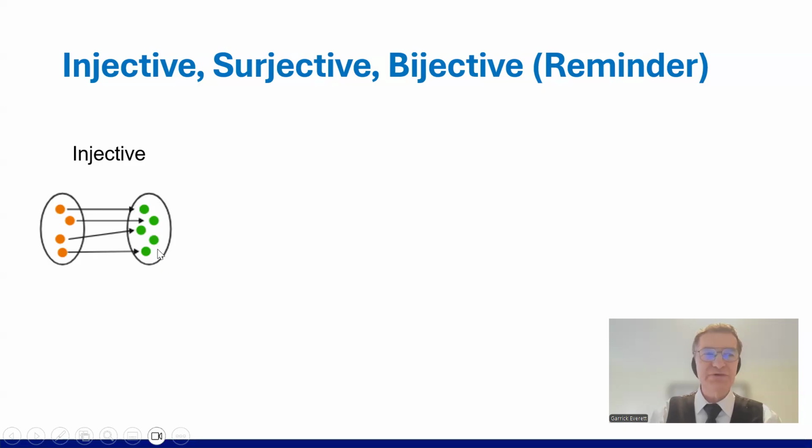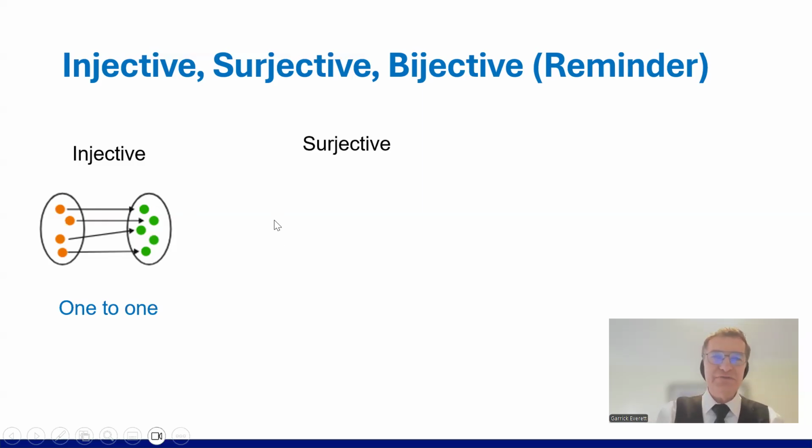Not everything in set B is covered. That just means that everything from set A is going into set B. That's called a one-to-one relationship, even though it's not fully, completely one-to-one. They regard injective as one-to-one because it's one to one thing in B, regardless of whether there's things missing in B that don't get one-to-one.